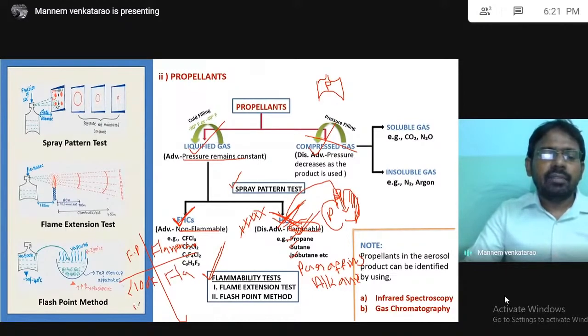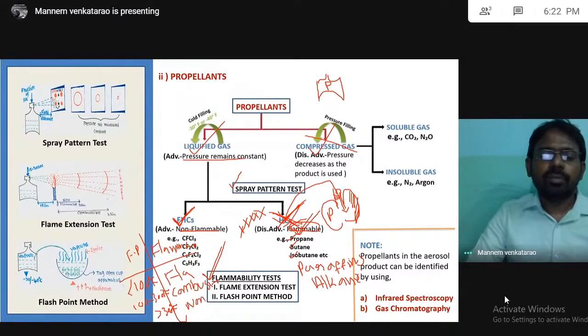If it is 100 to 300 degrees Fahrenheit, then it is called combustible. Combustible means first the smoke will come, after that we can observe the fire. Next, if it is greater than 300 degrees Fahrenheit, meaning the fire can be observed only after 300 degrees Fahrenheit, then it is called non-flammable.